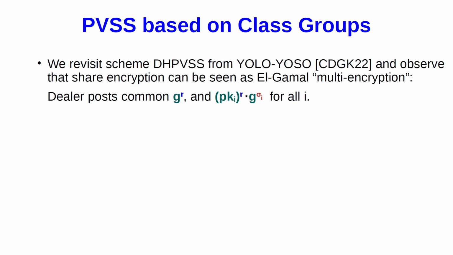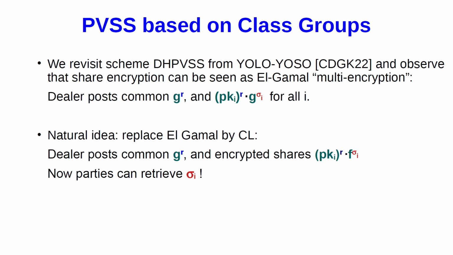This means that what happens in the sharing is basically that you are encrypting the shares with ElGamal, but with a common first message, which doesn't depend on the message that you are encrypting. Now, here we can do the same by replacing ElGamal by this Castagnos-Laguillaumie encryption scheme. And now we can retrieve this share sigma_i, as I explained before.